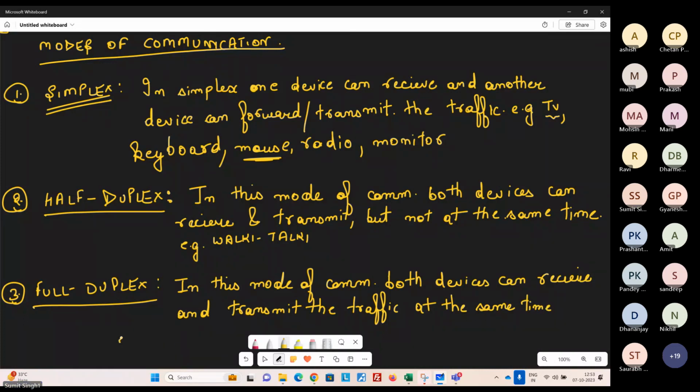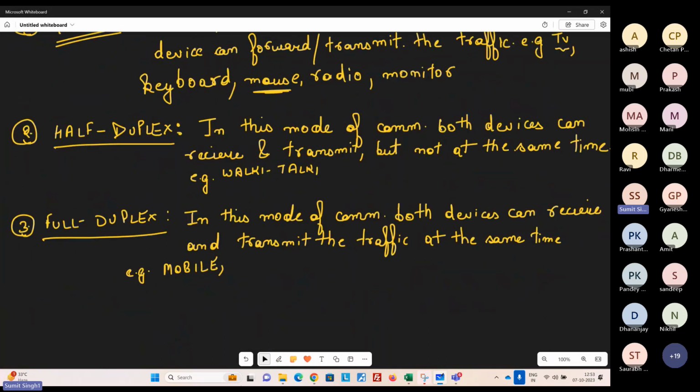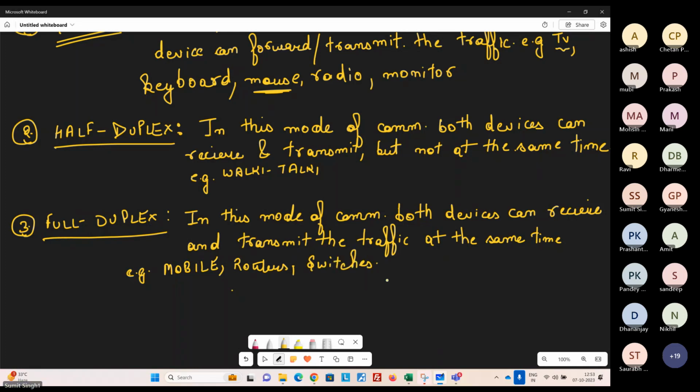Example? Your mobile phones, as someone told me. Routers, switches, everything, etc.